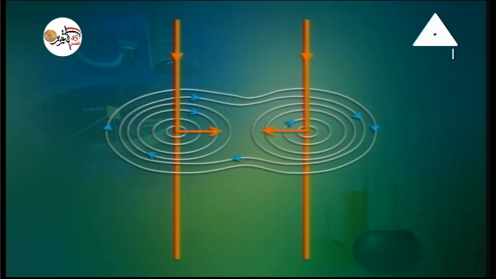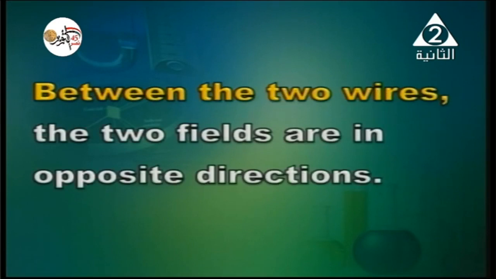Fields outside the wires have the same direction, but it flows in opposite direction between the two wires. So between the two wires, the two fields are in opposite directions.